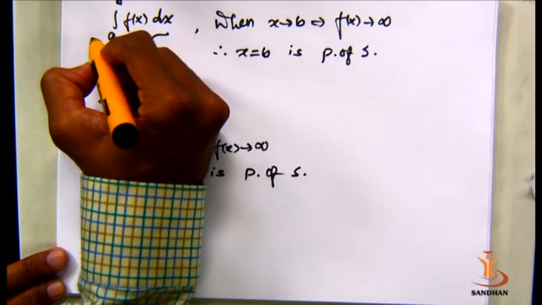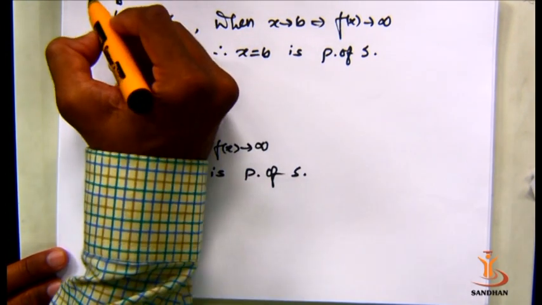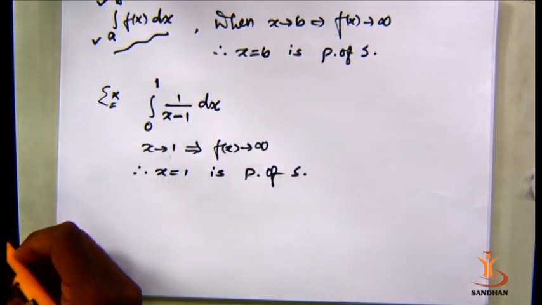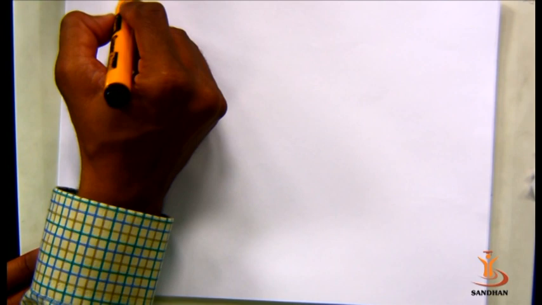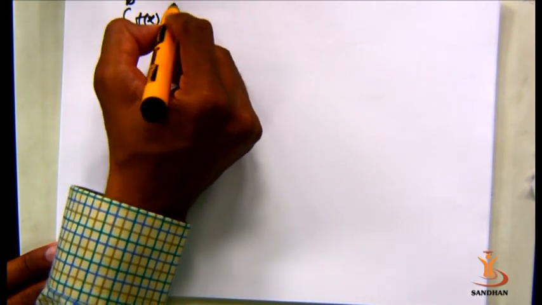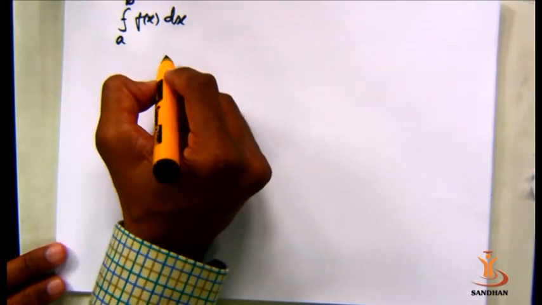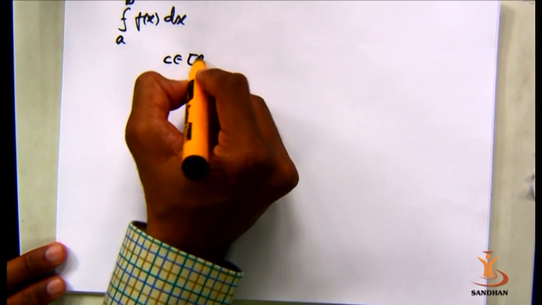In the previous example, at a the function was not defined. Over here at b the function is not defined, and similarly at any point between a and b the function is not defined. Let us say c belongs to the closed interval a to b.